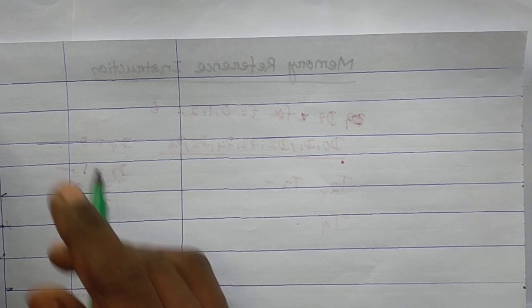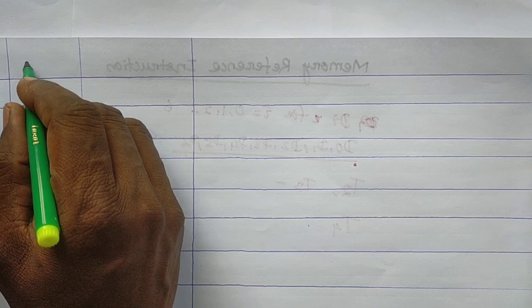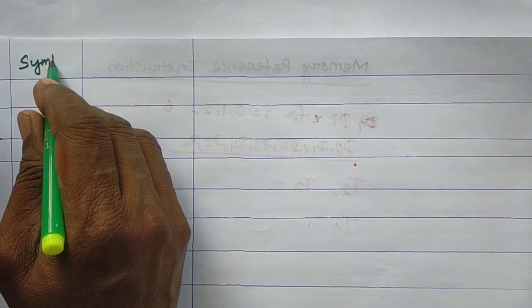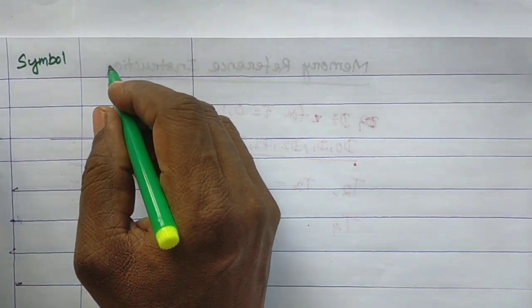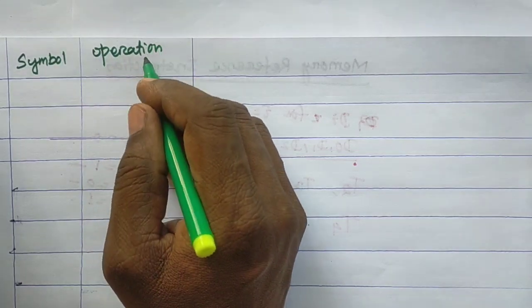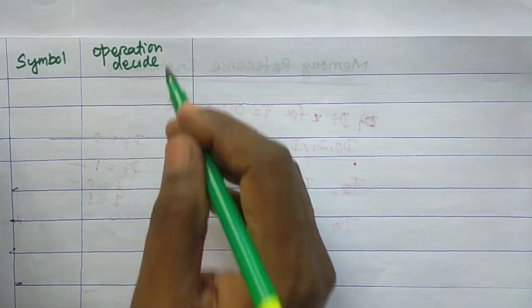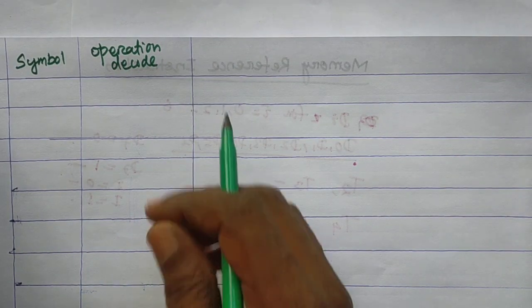Now we will see different symbols and operations. First, we will go through the symbols, the operation decoder.